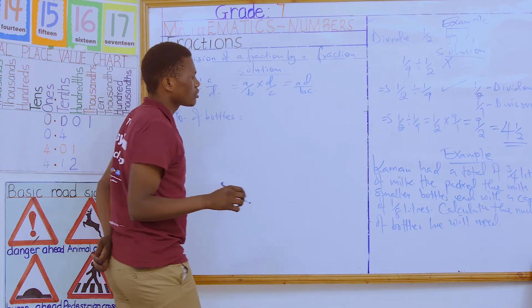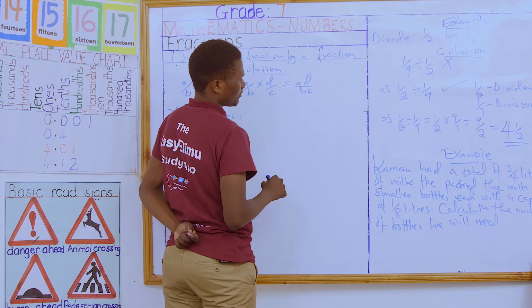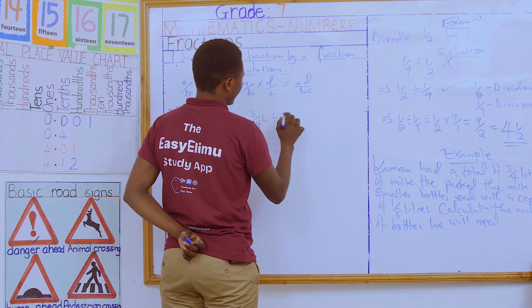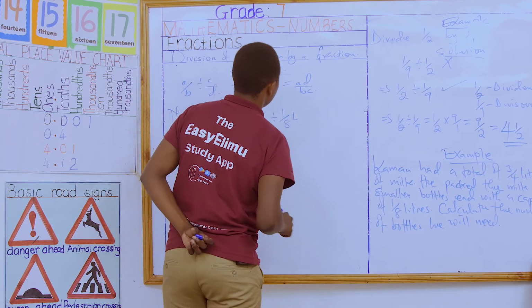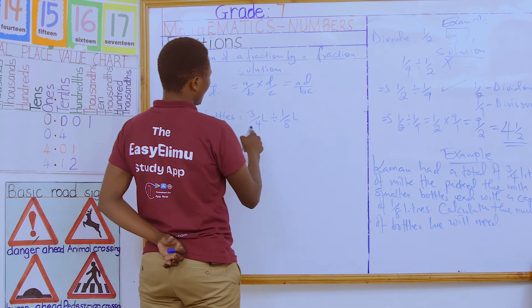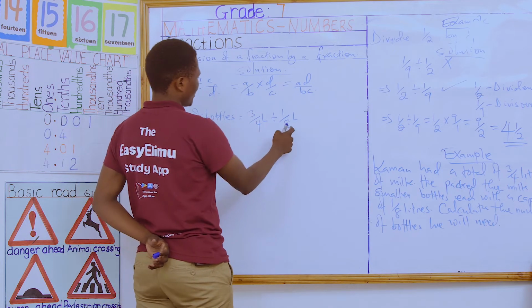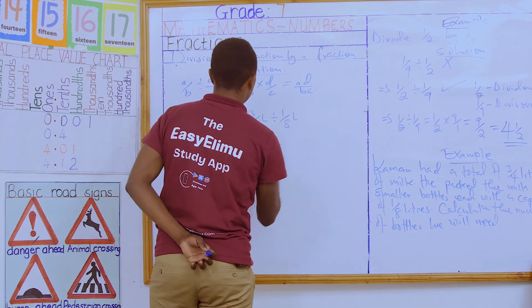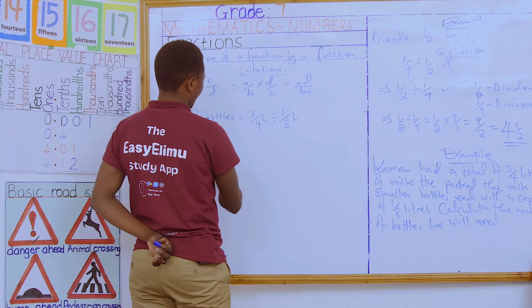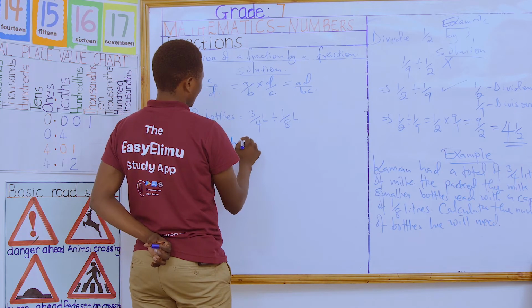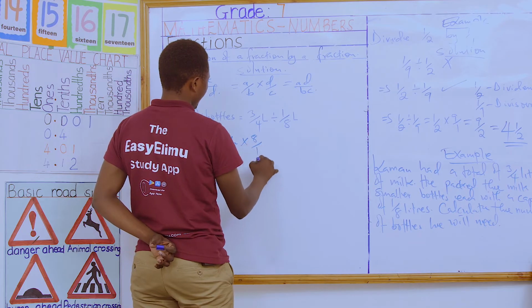So here, the number of bottles is equal to the total capacity of the milk, which is 3/4 liters, divided by the capacity of each bottle, which is 1/8. From that point, our dividend is 3/4 liters, our divisor is 1/8. So the reciprocal of 1/8 is 8/1, such that we shall have 3/4 times 8/1.